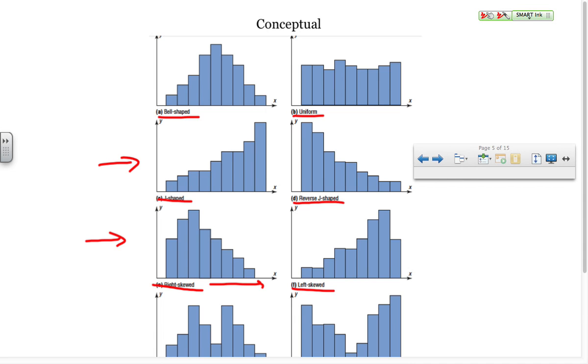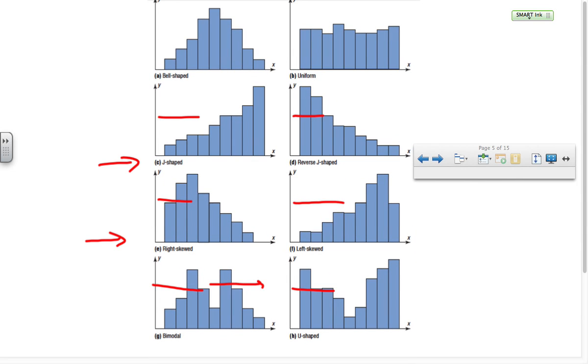So it's just the opposite of what you think it's going to be. I'm going to move this picture just a little bit so we can see the bottom ones. This is a bimodal. This is sort of like a bell shape, except we have 2 bells. You notice the 2 bells like that? And a U shape is the opposite of a bell because there's a U in the middle of it. So those are our different shapes of graphs. Sometimes I'll ask you to comment on the shapes of a graph and what it means for that data.